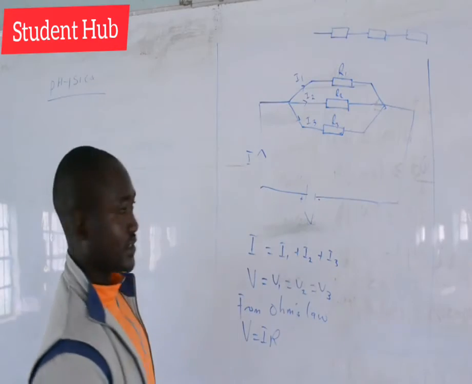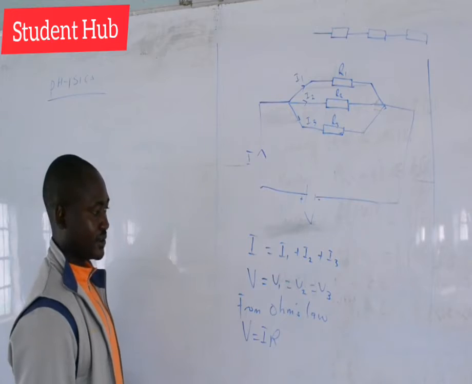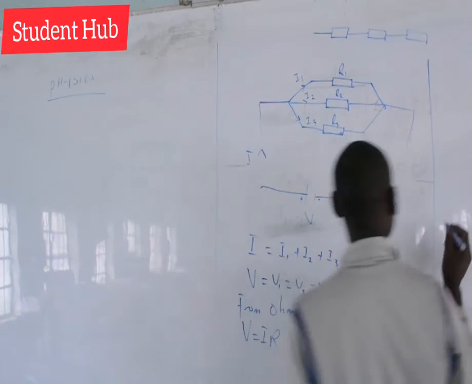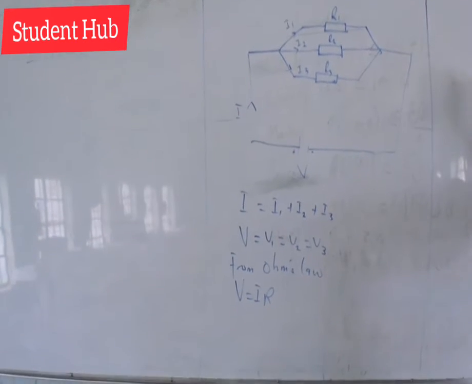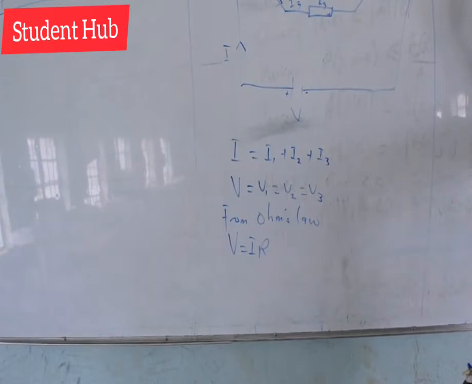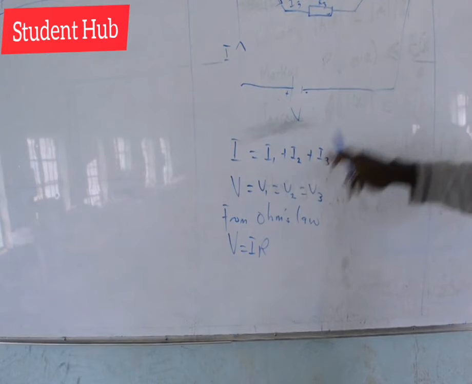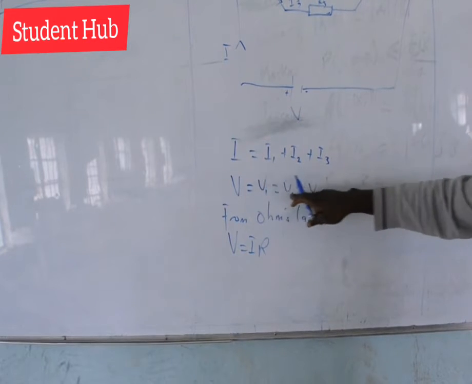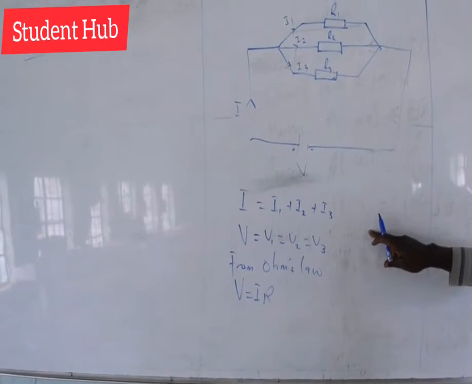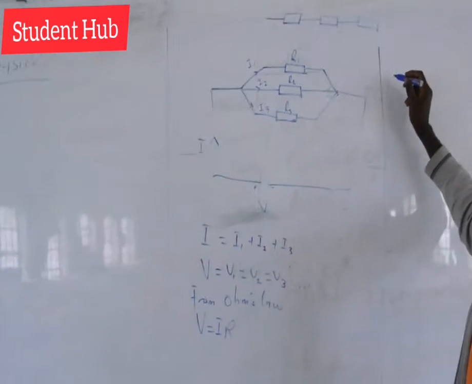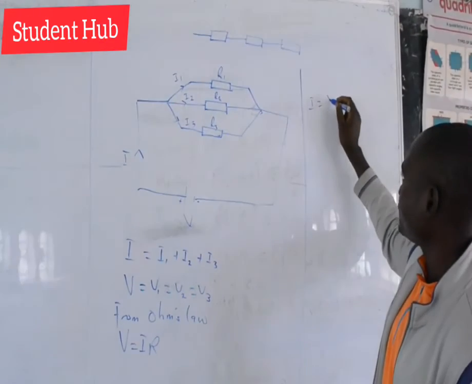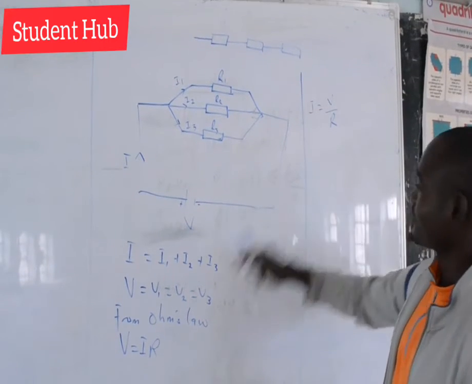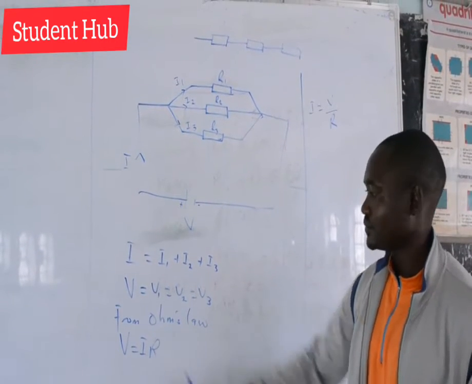Therefore, V is all the same, true? So we have I is equal to V over R from this formula here.